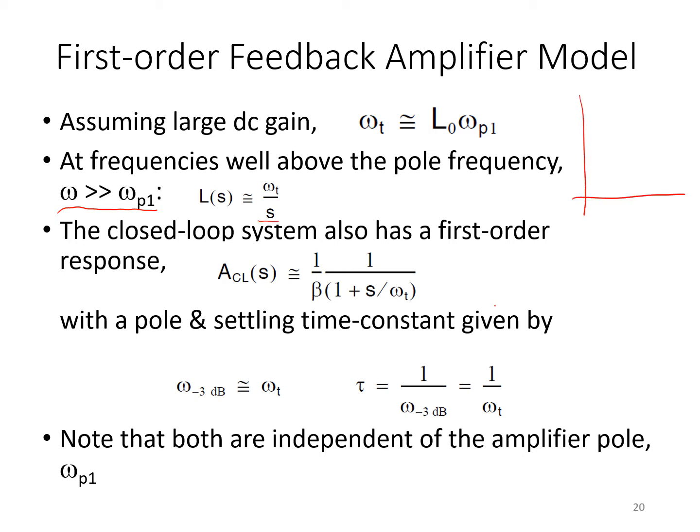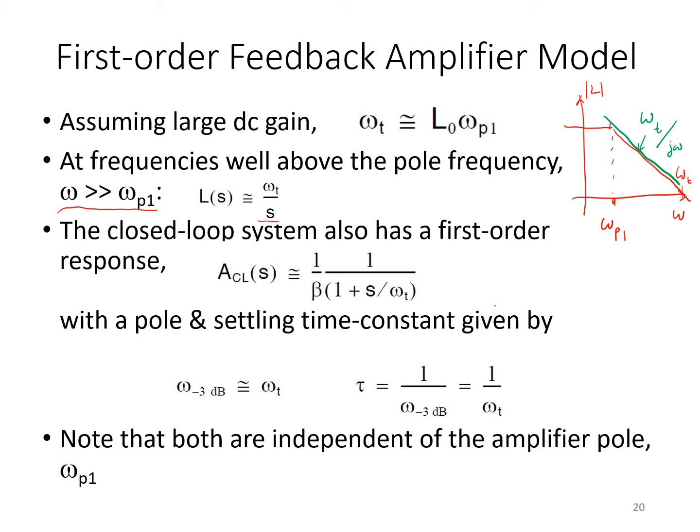So again, if we recall our sketch of the magnitude response of L, whereas it actually looks like this, omega t is over here somewhere, what we're saying is that as long as we're at frequencies well above omega p1, then we can simply apply the simplifying approximation omega t over j omega.